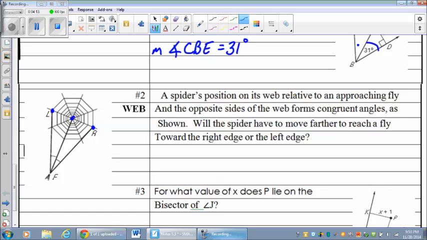And since this is the incenter of our picture, that means that distance, oops, I misspelled incenter. Let me try that again.